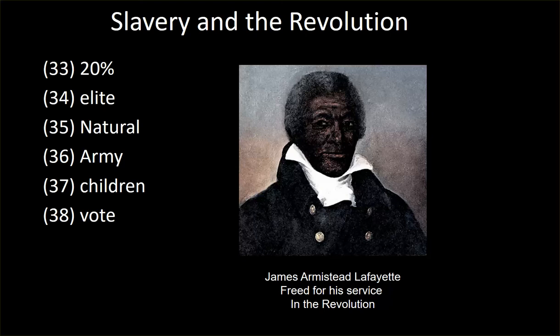And many northern slave owners were very reluctant to free their slaves. In New York City, there were only 76 voluntary manumissions, owners voluntarily freeing their slaves, between the end of the Revolution and the turn of the century. The first national census in 1790 recorded 21,000 slaves still in New York, 11,000 in New Jersey.